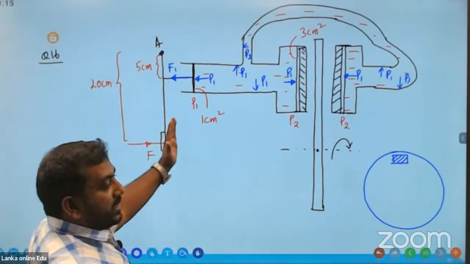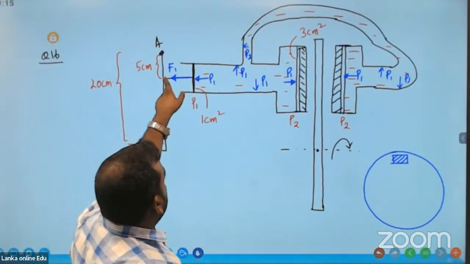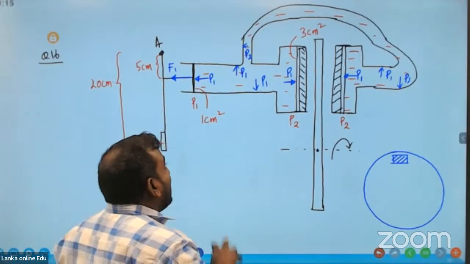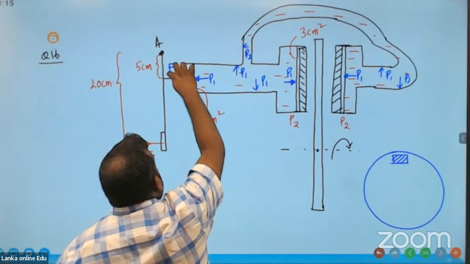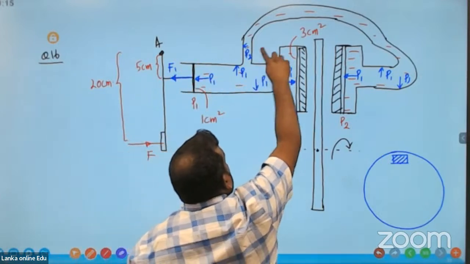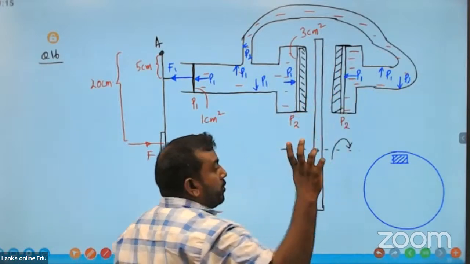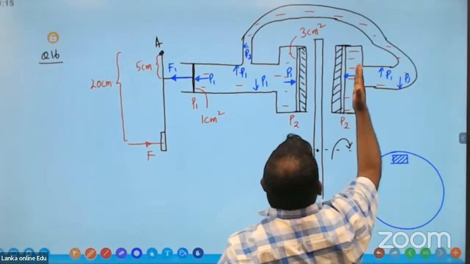So I apply the brakes here. Piston is pushing the fluid inside. Fluid is pushing the piston in the opposite direction. Then about this you can take moments, you can find the force. Force divided by area is the pressure. Pressure is equally transmitted everywhere according to Pascal's principle. Pressure acting on this area will push on the piston.